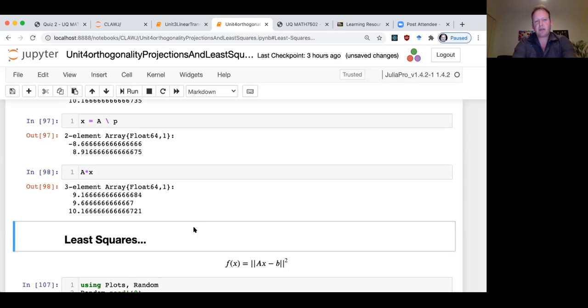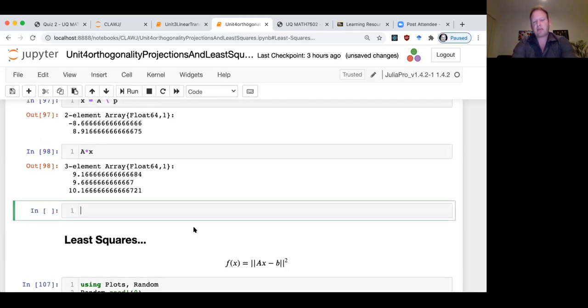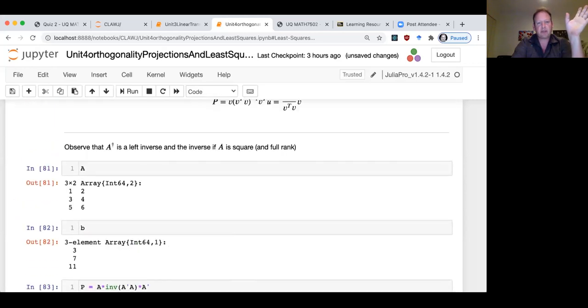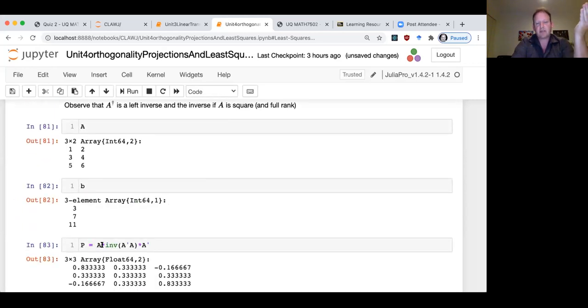Now, just another point that you should know. I'm throwing quite a lot of information at you, but just treat this as an exercise of what we've just done. The projection matrix is A times the inverse of the Gram matrix times A transpose. We call this part the pseudo-inverse.